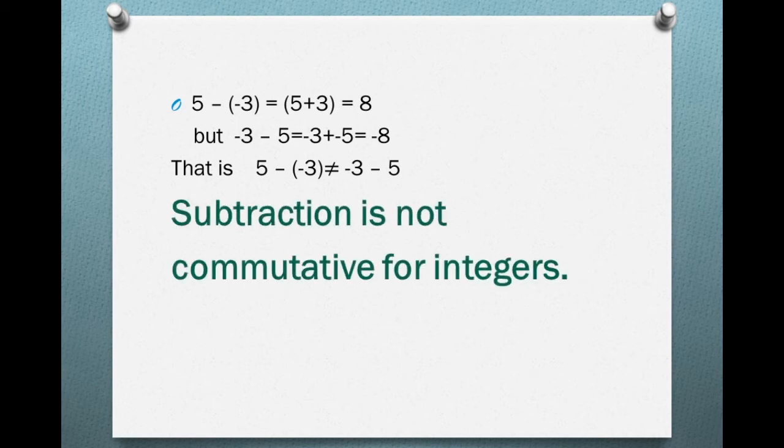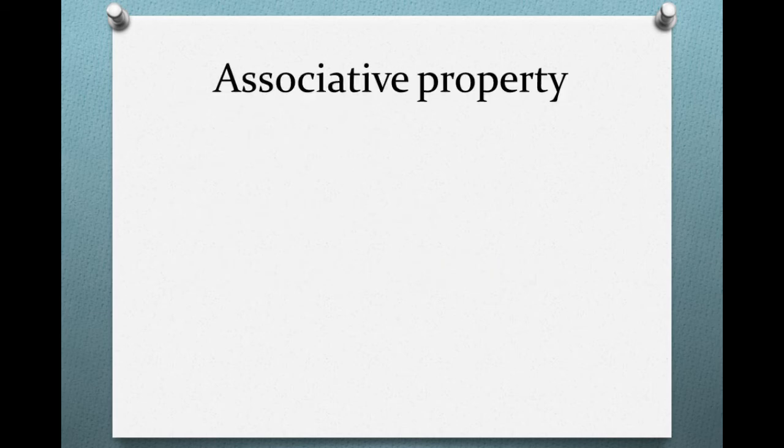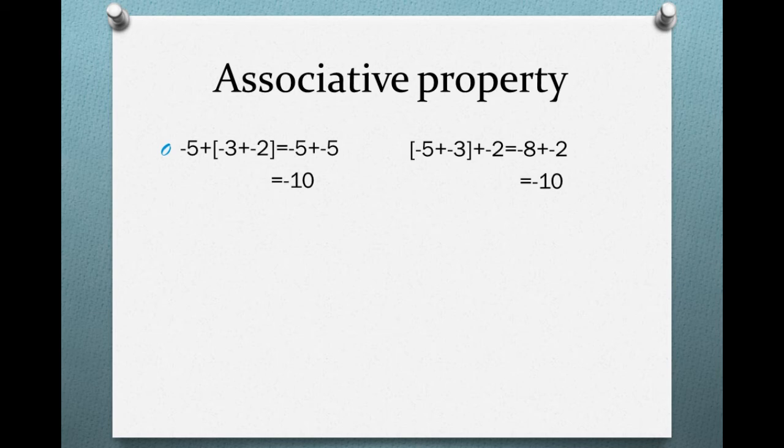Next comes associative property. Consider the integers -5, -3 and -2 and look at -5 plus (-3 plus -2), which is -5 plus -5 and it is -10, and (-5 plus -3) plus -2, which is -8 plus -2, again -10.